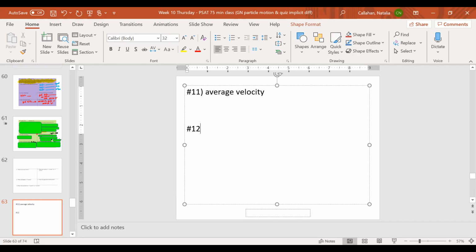Question number 12, I'm going to ask you to find the average acceleration. And question number 13, you're going to find if the speed is increasing or decreasing at t equals 1 second.